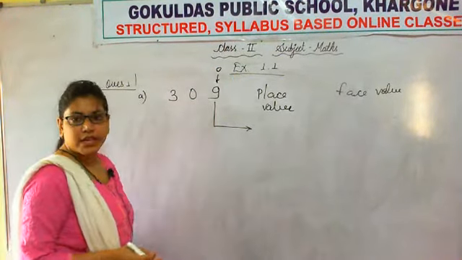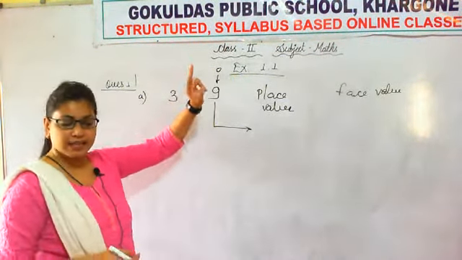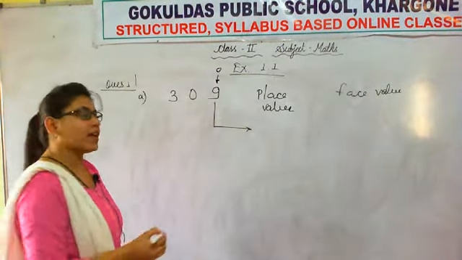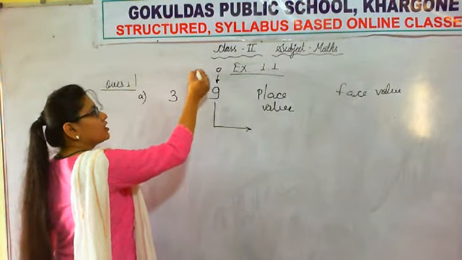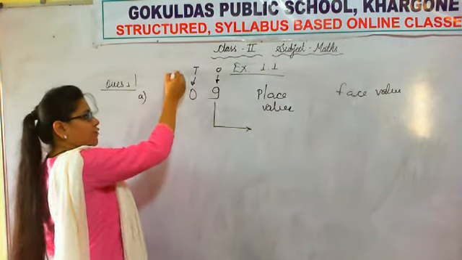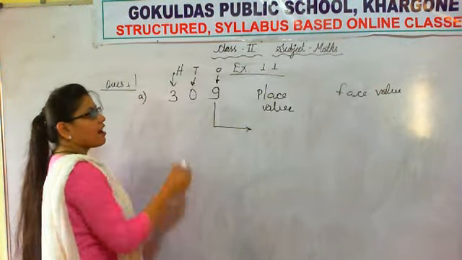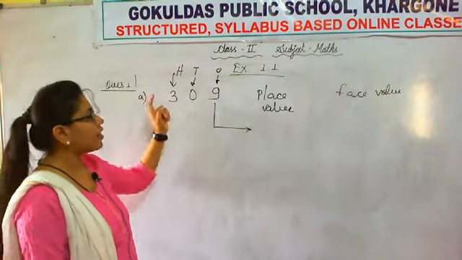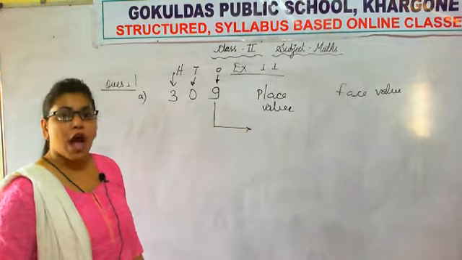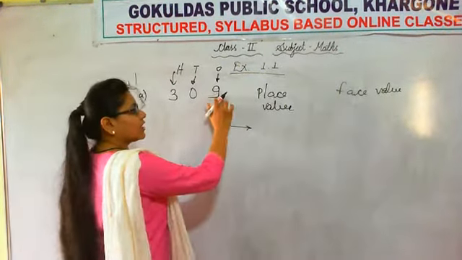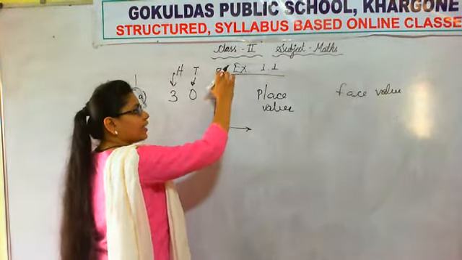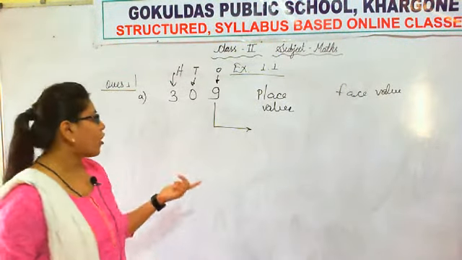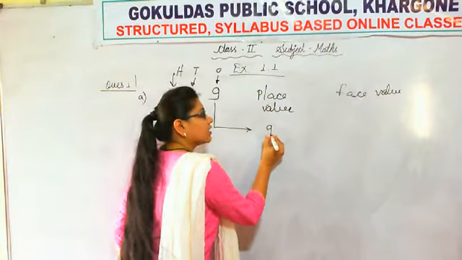For our convenience, we can write ones, tens and hundreds. This is ones, this is tens, and this is hundreds. So how do we find place value? Digit into its position. 9 into 1, 9 ones. What we will get is 9.